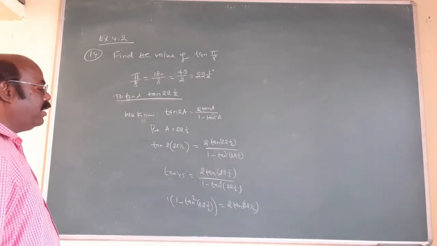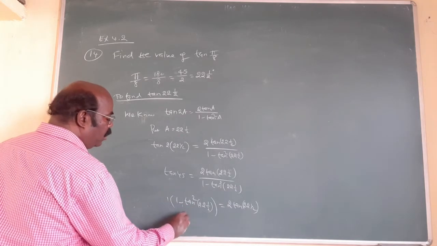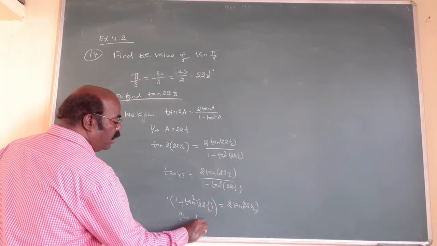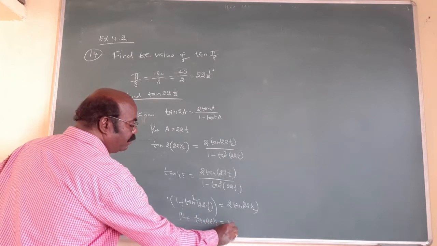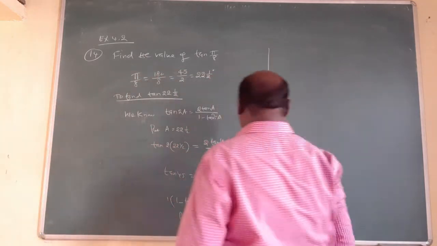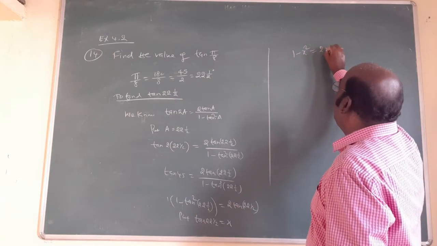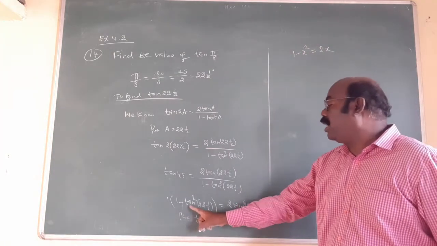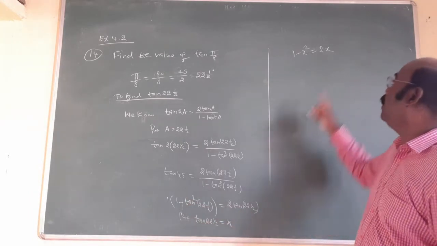Now arrange the equation. Let tan 22 and a half be x. Substitute: 1 minus x square equals 2 into x.